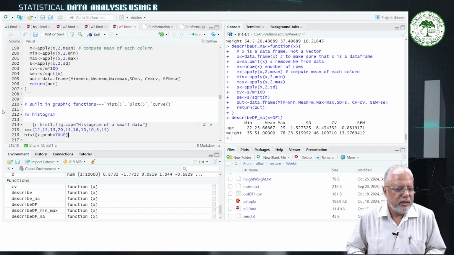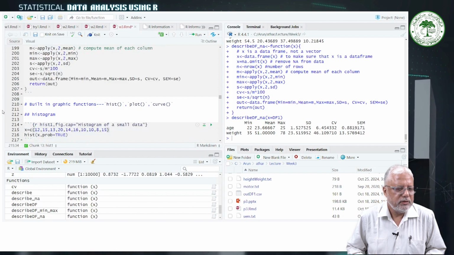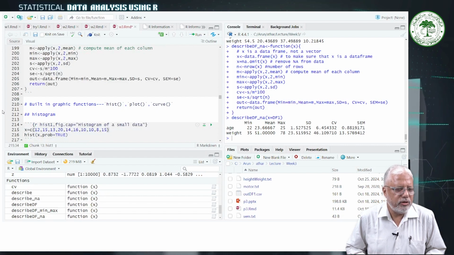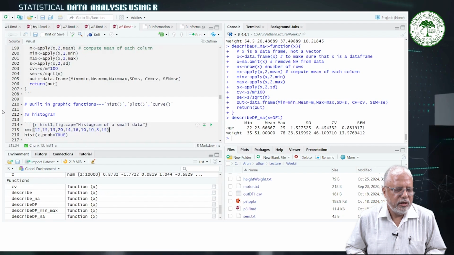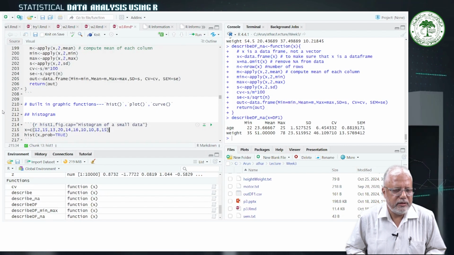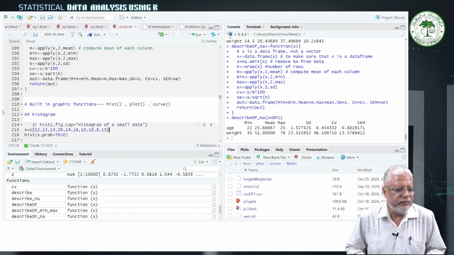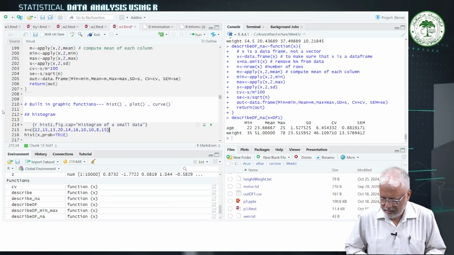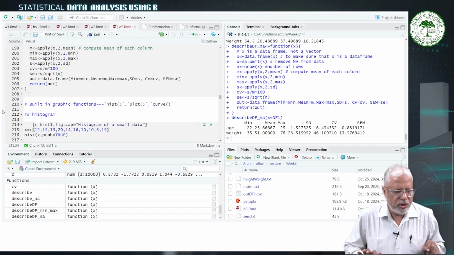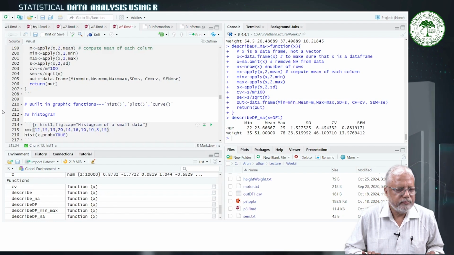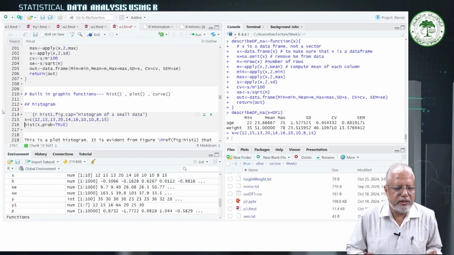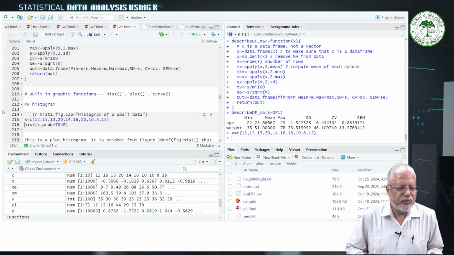Here we have created data x equal to 12, 15, 13, 20 and then 14, 16, 10, 10, 8, 15, and then we want a histogram. The function is hist.